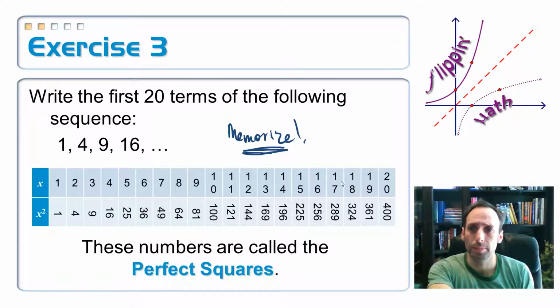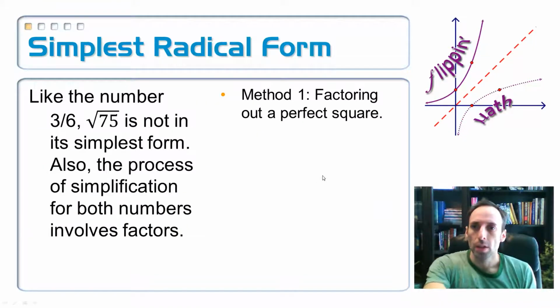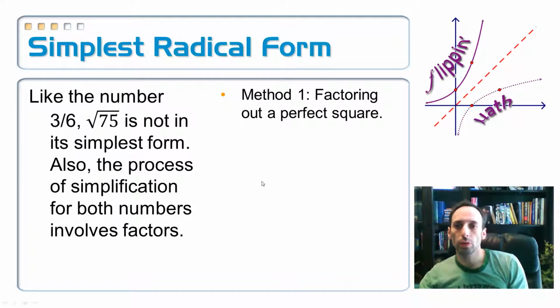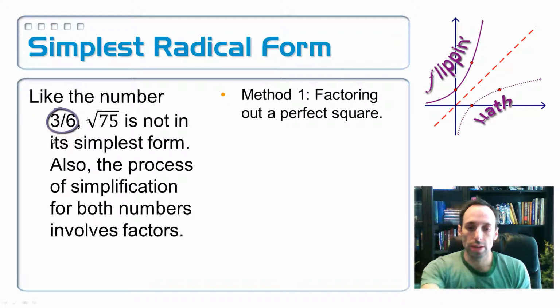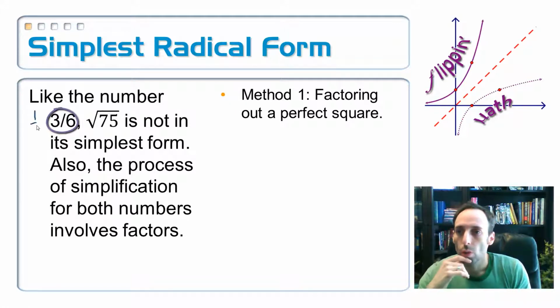That kind of thing. Okay, so now let's talk about putting square roots in simplest radical form. If I do an equation and I get 3 over 6 as an answer, it's perfectly acceptable. It's a fraction, but I'd like to put it in simplest form. I'd like to reduce that down to, say, 1/2, by factoring out or dividing out a common factor of 3.